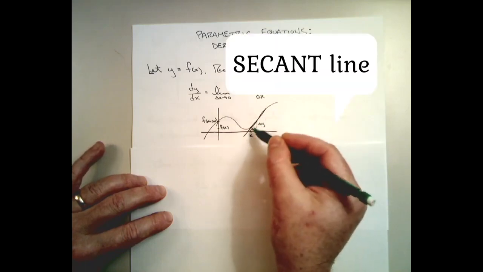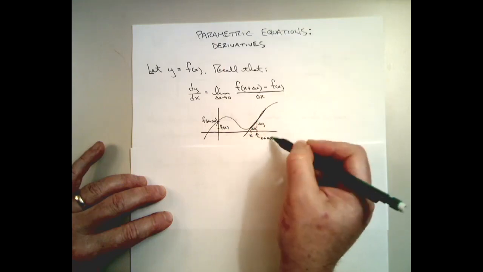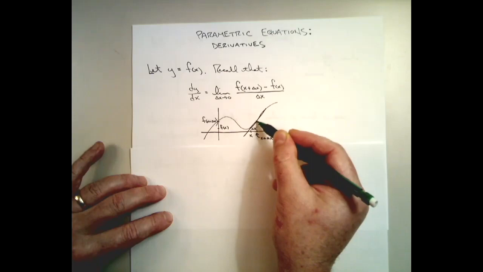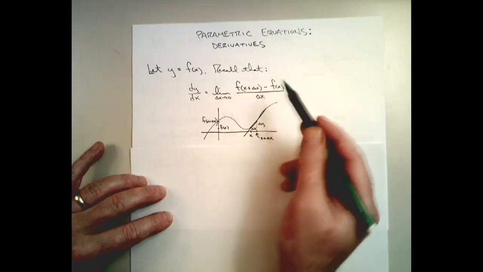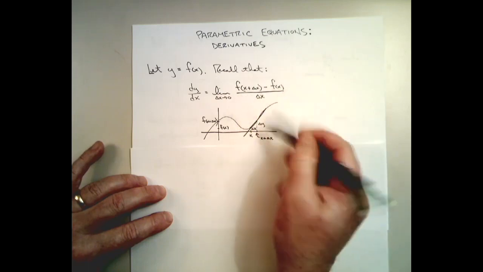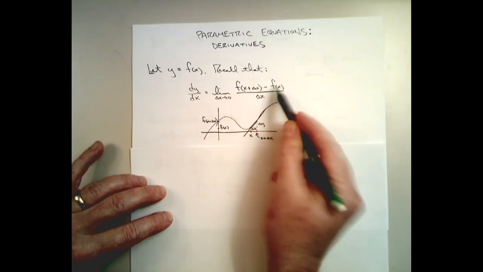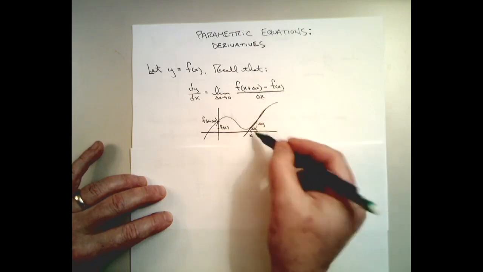secant line between the point at x, f of x, and the point at x plus delta x and its functional value. Its functional value, of course, is f of x plus delta x. The functional value at x is f of x. So this is the difference in y value, a delta y, and we're dividing it by this change in x.